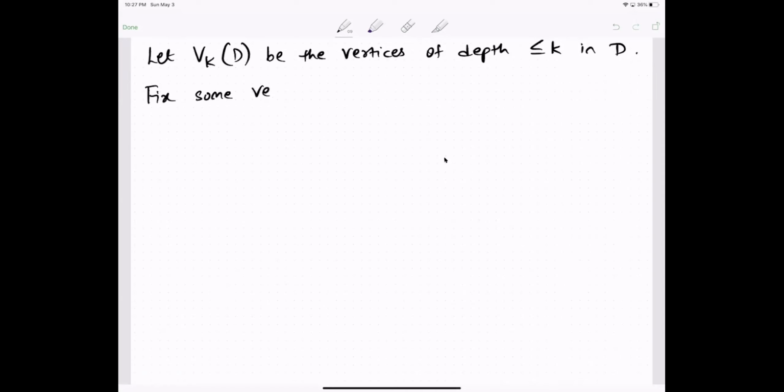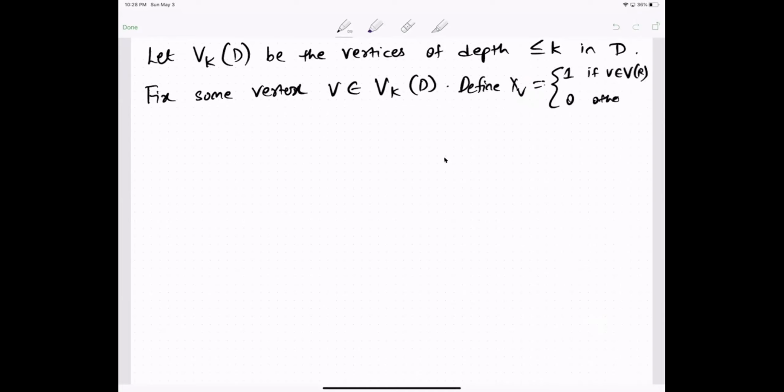And then define an indicator random variable for this, x_v, which is 1 if... okay, so what are we saying?